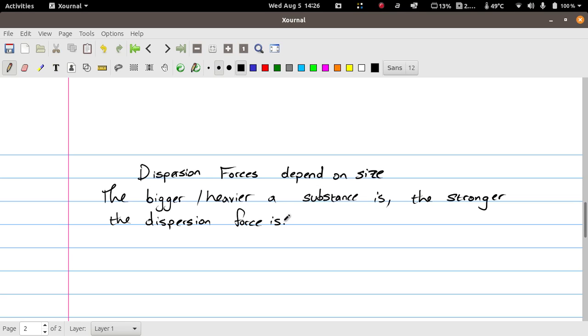So size can be used to determine the strength when the only intermolecular force present is dispersion. So just make a note of that.